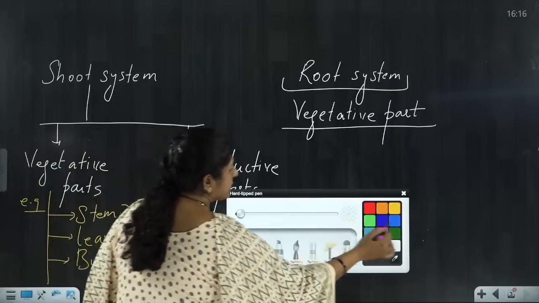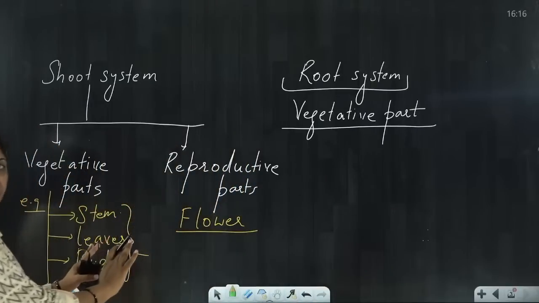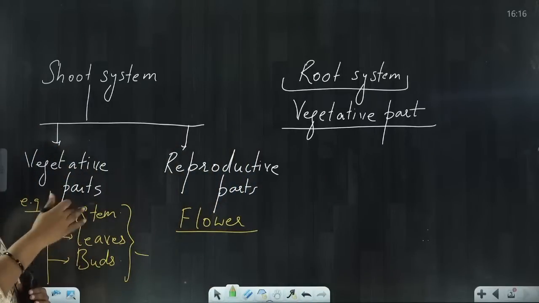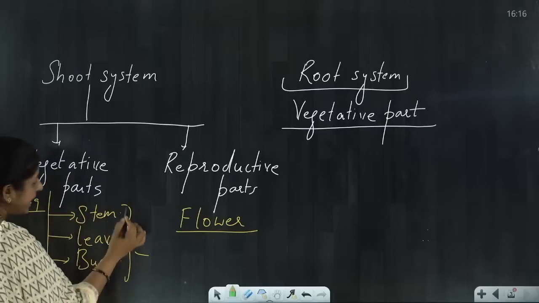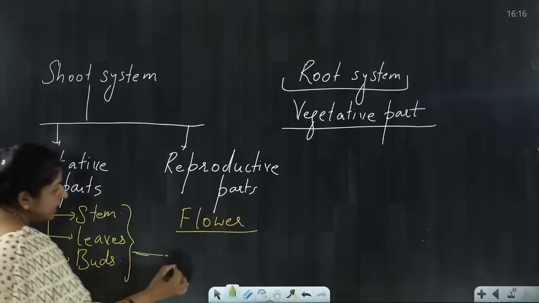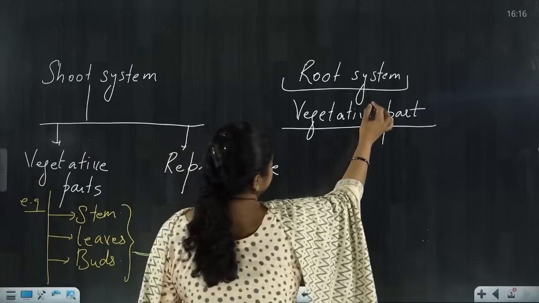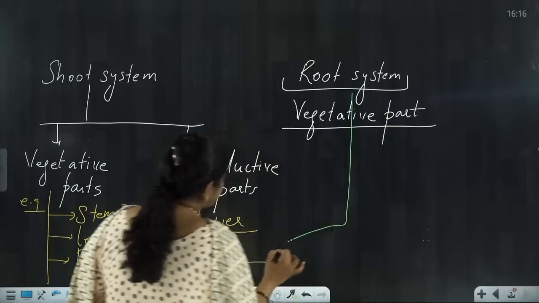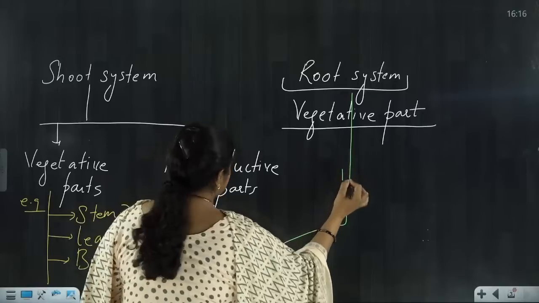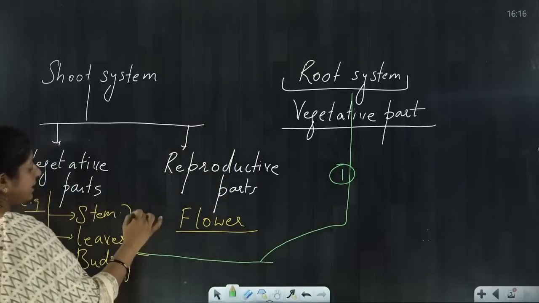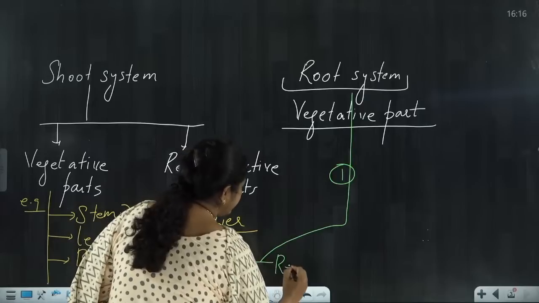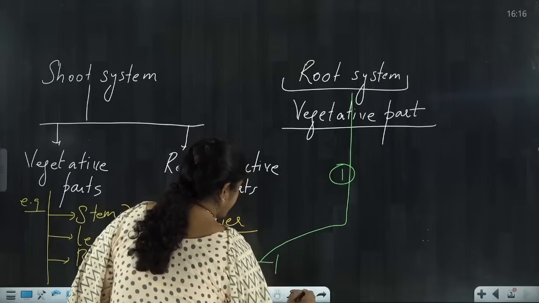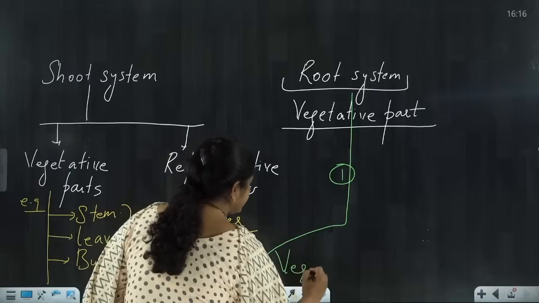Let me mark this. Please give your attention here now. Don't go after writing yet, just listen first, especially on this point. If I take this vegetative part of the shoot and the root part together, this one and this one, what is it indicating? This is indicating the vegetative morphology.